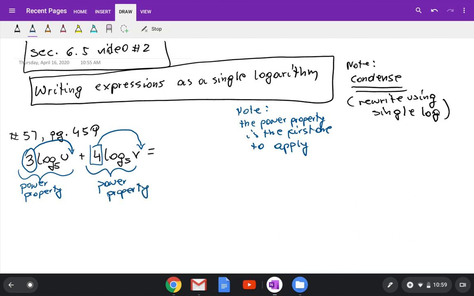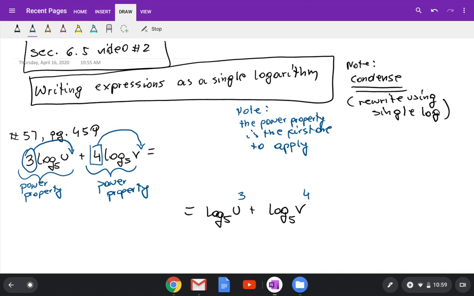So we're working backwards here. Okay, so that will give us log base 5 of u to the third power plus log base 5 of v to the 4th power. Like you see, we put the power back.